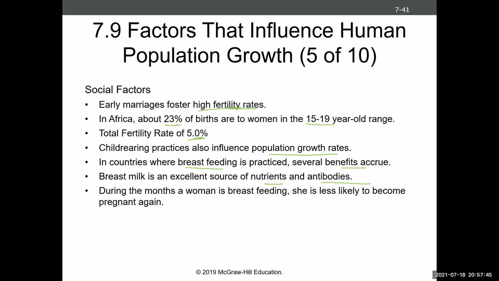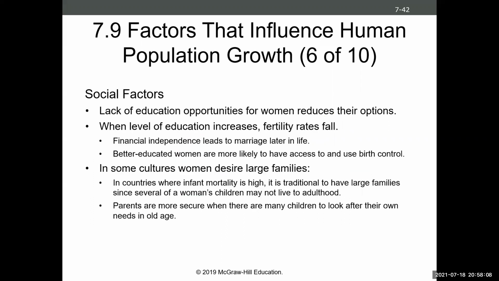Nutrients, antibodies that are useful for keeping the child healthy, but then also the months in which a woman is breastfeeding, generally, they're less likely to become pregnant. It's basically like a natural birth control, but that's not always the case. A lot of times you can still become pregnant while breastfeeding, but it helps to reduce that from happening.